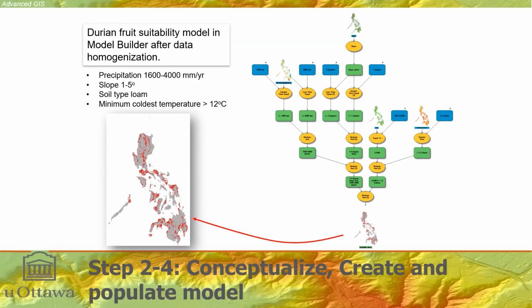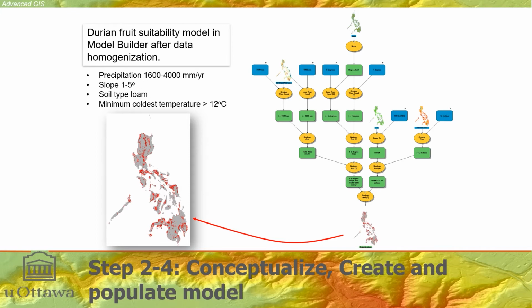We build a model with these conditions: precipitation between 1,600 and 4,000 millimeters per year, slopes between 1 and 5 degrees, soil type loam, and minimum coldest temperature greater than 12 degrees Celsius.